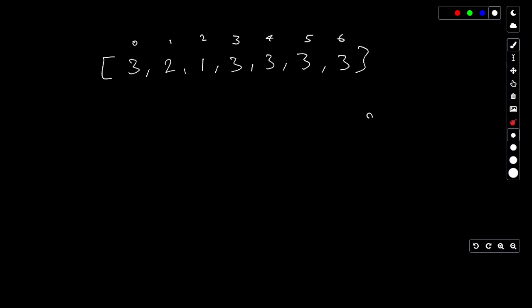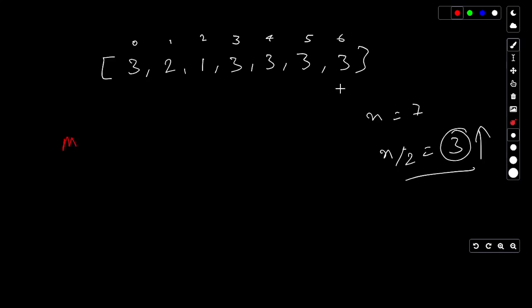The number of elements here is 7, so n by 2 is 3, right? If there is an element whose count is greater than this 3, that can be considered as a majority element.